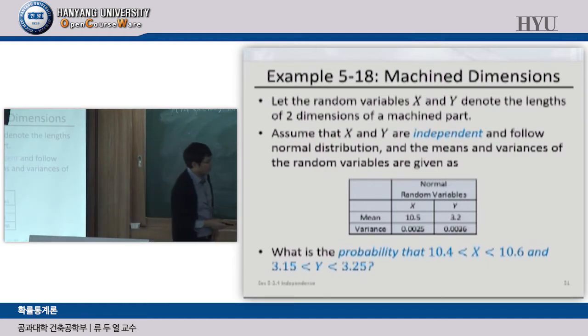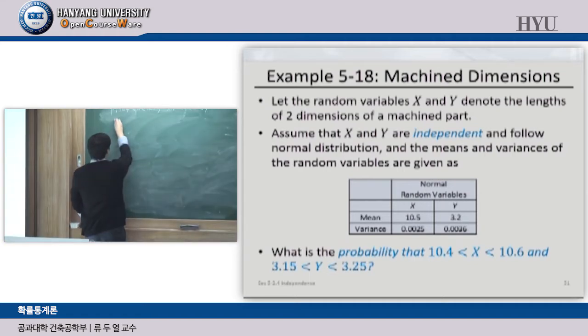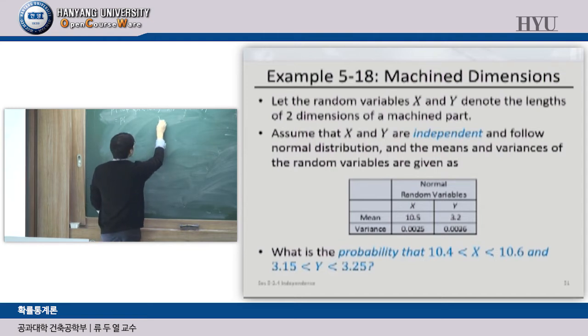But the question says we can assume that x and y are independent, which means this is equal to the multiplication of each probability.